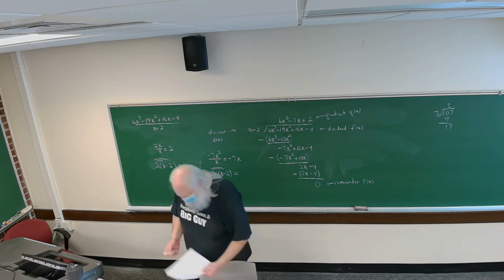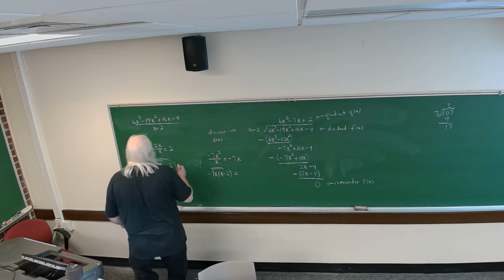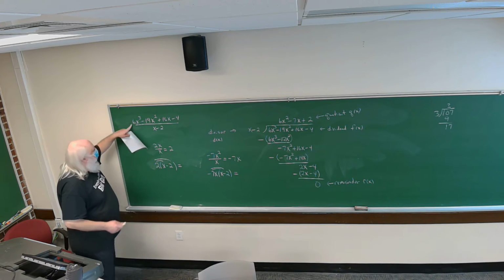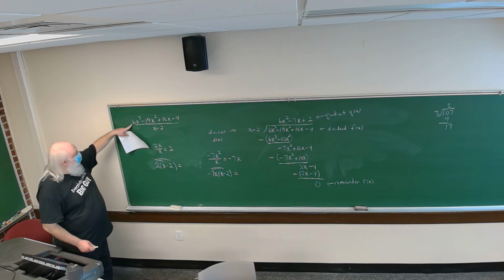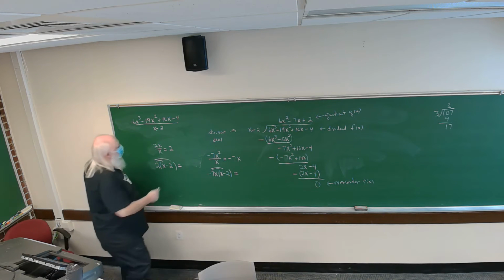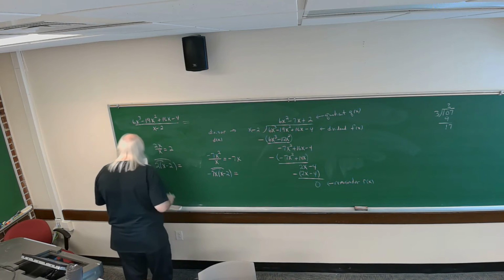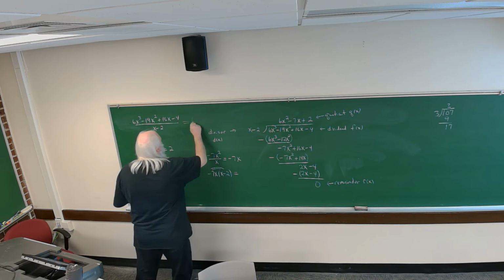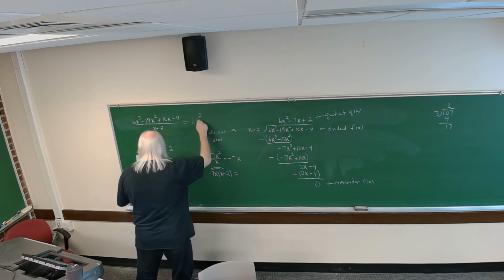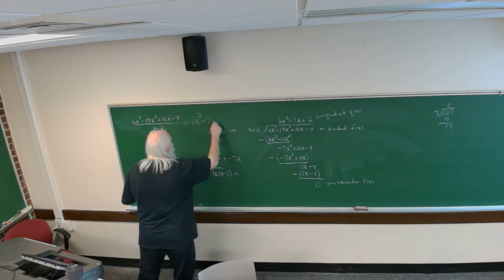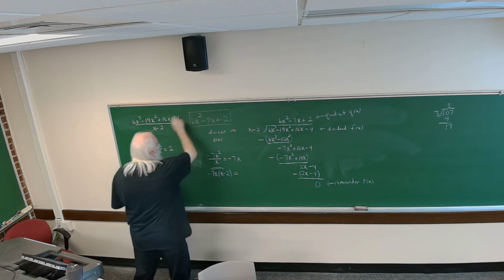So what we have shown is this polynomial divided by this polynomial is equal to 6x squared minus 7x plus 2.